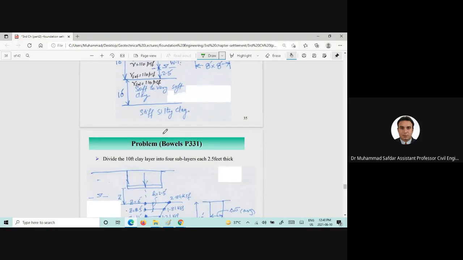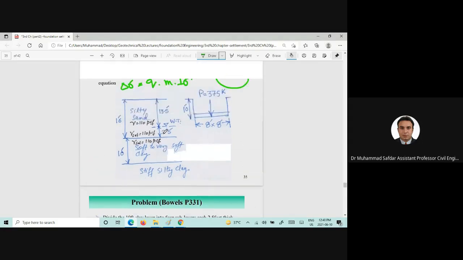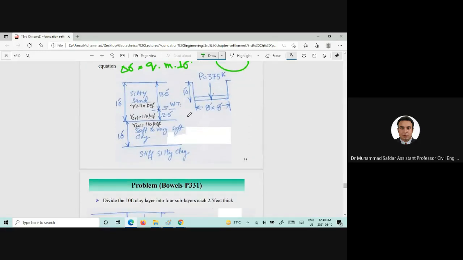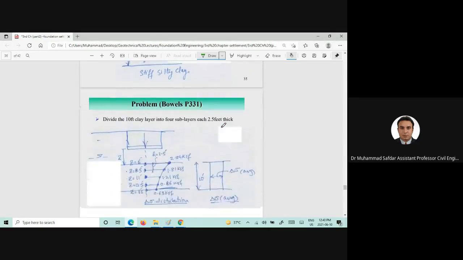Okay, now you need to use the Boussinesq method to find out the delta sigma. Loads are given.